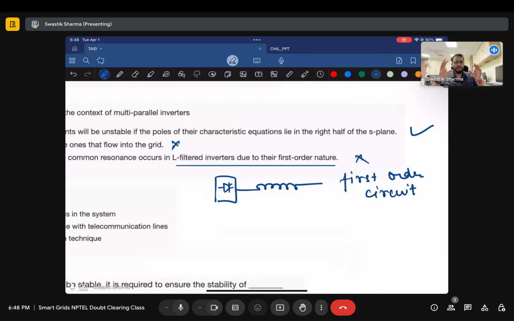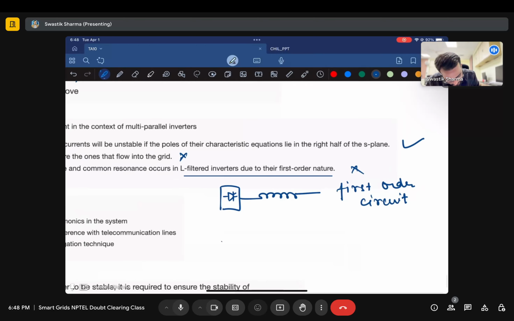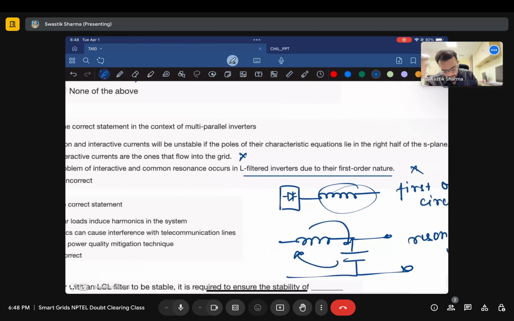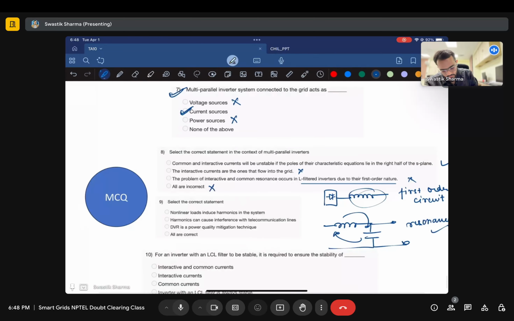Resonance happens between give and take of power, right? Power flows from one energy storing device to another. Let's say LC. If it had been LC, this would have witnessed the resonance. Resonance is applicable here. Why? Because power will flow from here to here. So resonance is occurring, but not here. So this is wrong. All are incorrect is also wrong. So the correct answer is A.